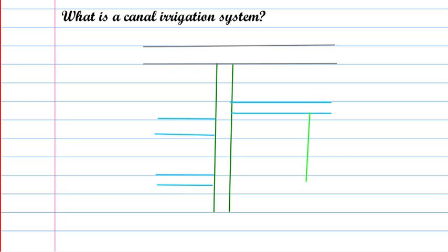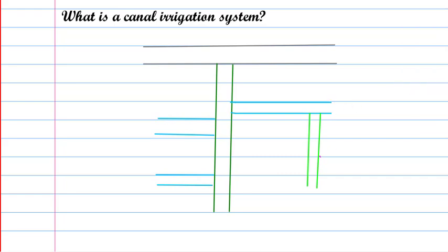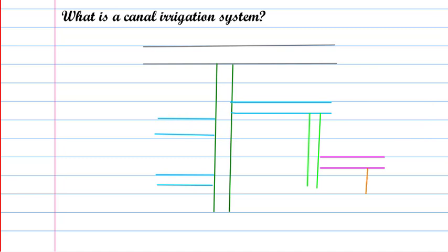Let's say we are taking water from here, and then from this we are further dividing into another branch. As you can notice, the size of every canal is reducing from the source to the end.